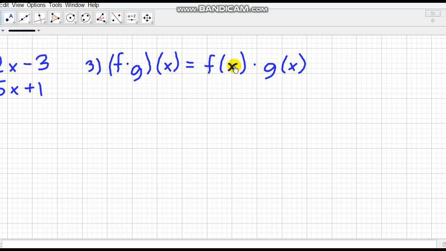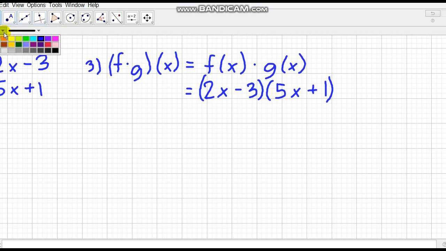So in this case, we substitute f of x as 2x minus 3, and substitute g of x as 5x plus 1, and then we just multiply the two binomials together, 2x minus 3 times 5x plus 1.